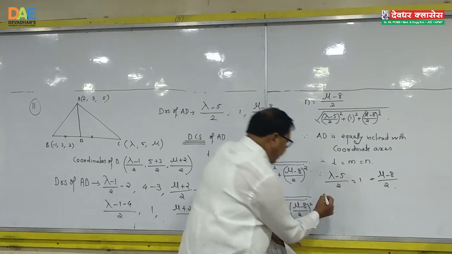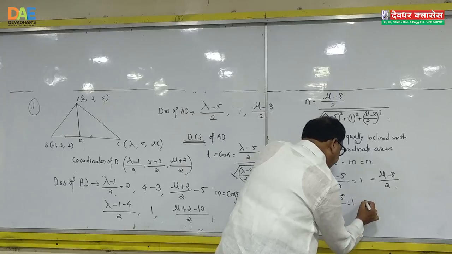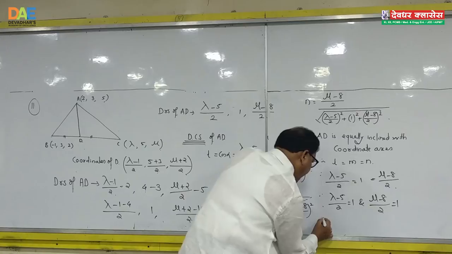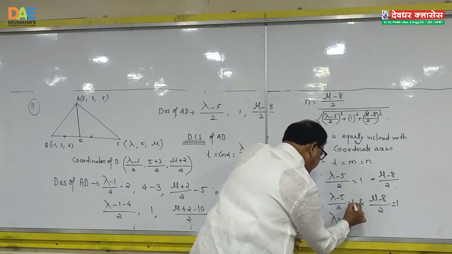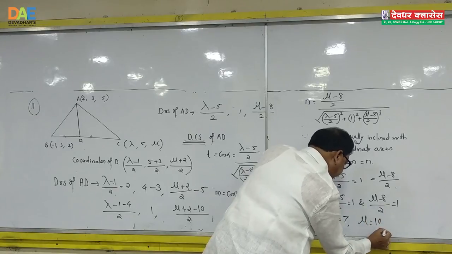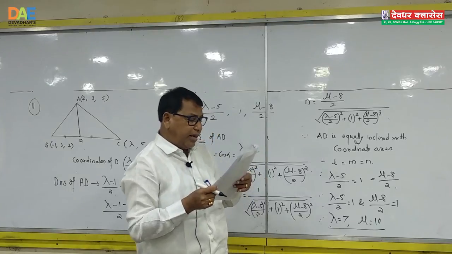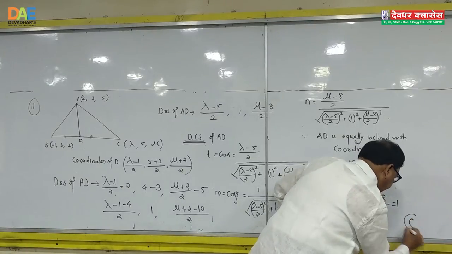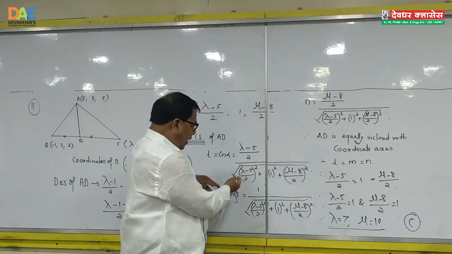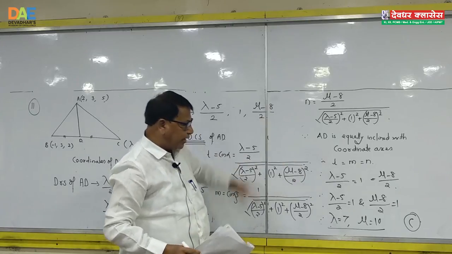Therefore lambda minus 5 upon 2 is equal to 1 and mu minus 8 upon 2 is equal to 1, and so lambda is equal to 2 plus 5, that is 7, and mu is equal to 2 plus 8, that is 10. So lambda is equal to 7 and mu is equal to 10. C choice is your answer. No need of writing the denominator because we have the same denominator, so it automatically cancels while comparing, and we can directly get it.